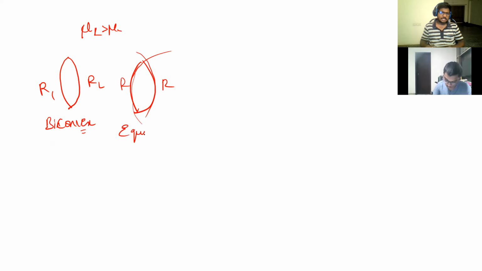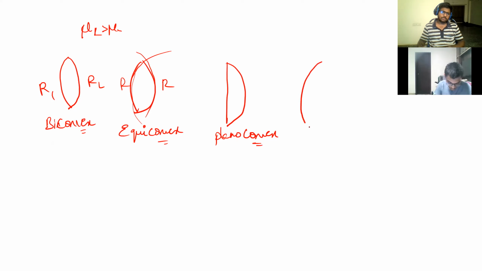Then one plane surface and another curved surface is called a plano-convex lens. Like this is concavo-convex. This is a convex surface, this is a concave surface.